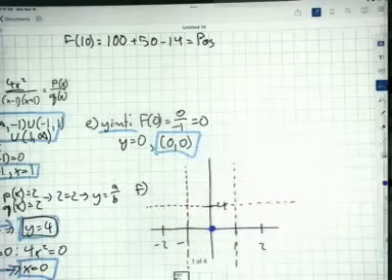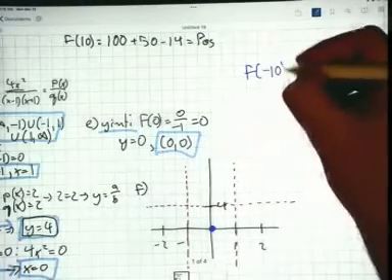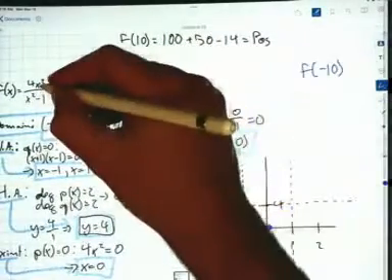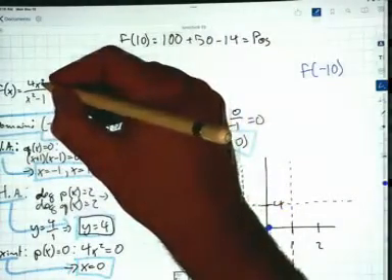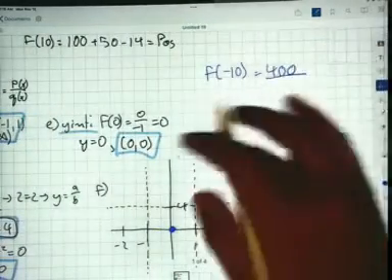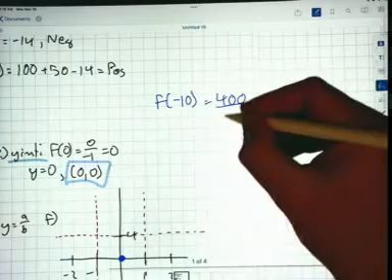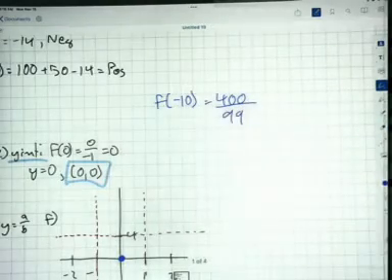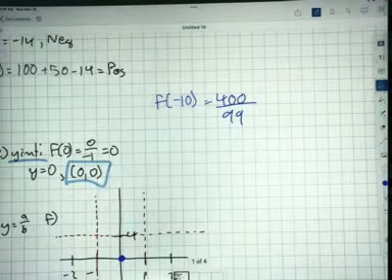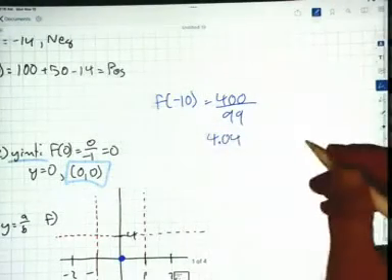In fact, here's a quick proof. If you do f at, let's say, negative 10, going back over here to our original function, negative 10 squared is going to be 100. 100 times 4, that's going to be 400. And then 100 minus 1 is 99. And then 400 over 99, I've got my calculator here, 400 divided by 99 is about 4.04.